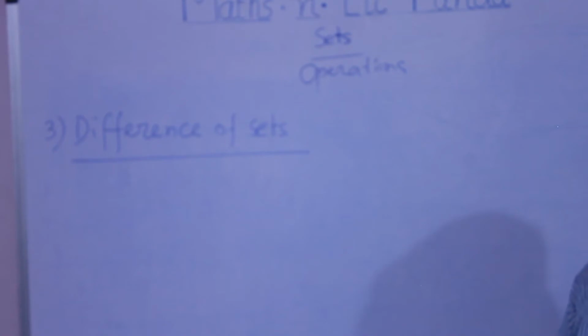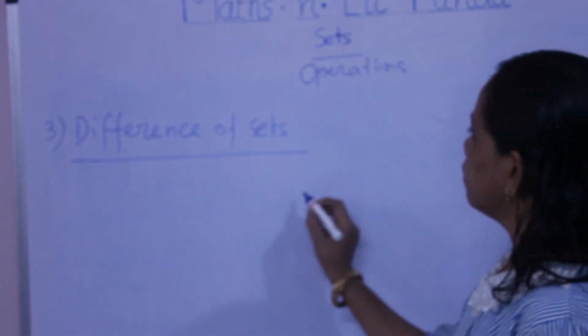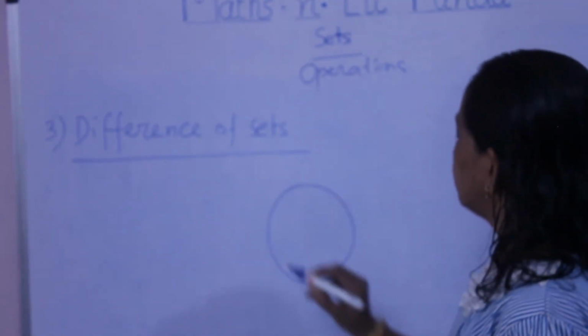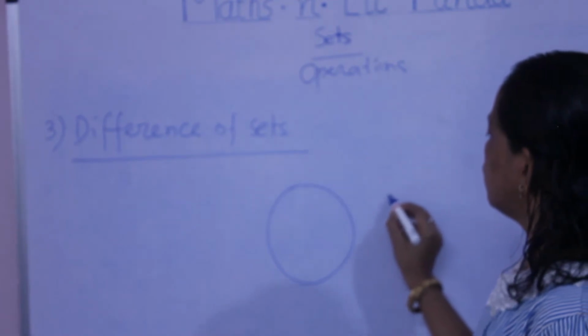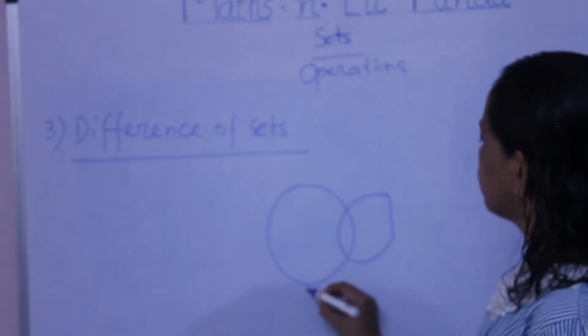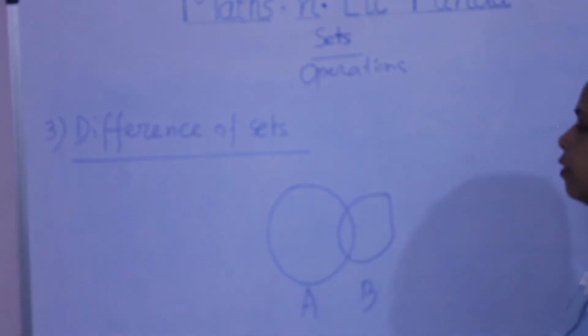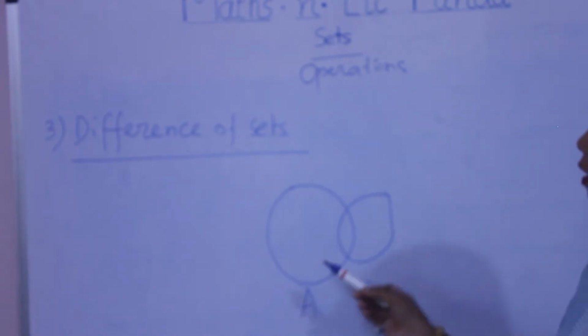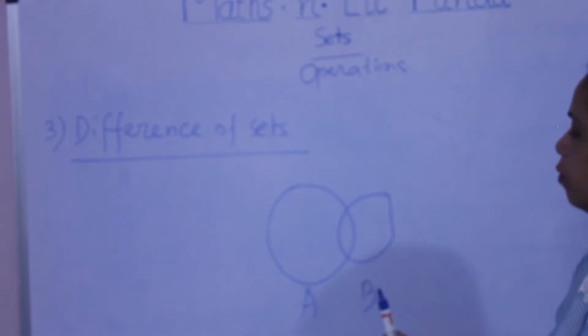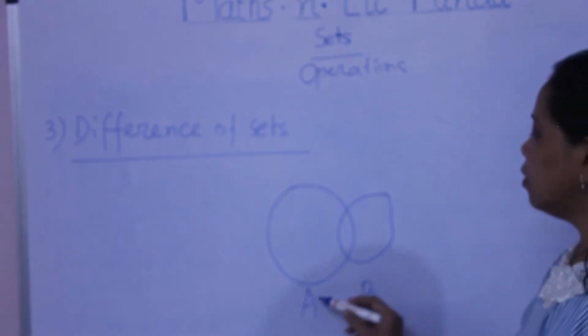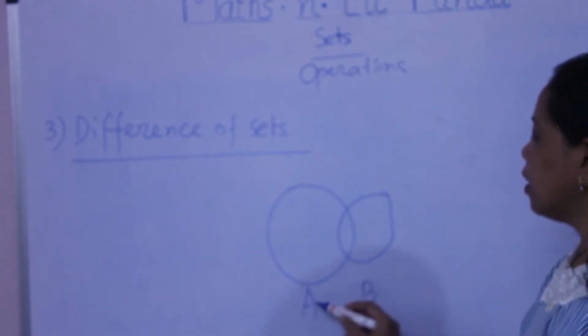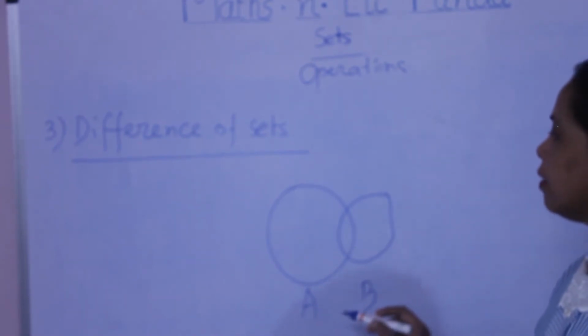Now I am going to explain difference of sets. So what is difference of sets? Suppose two sets are here. This is set A and this is set B. So difference of sets means, suppose I am going to find out difference of A and B. So what is that?